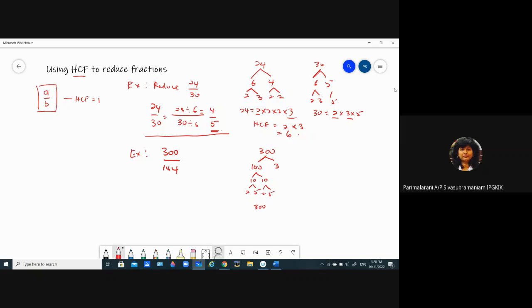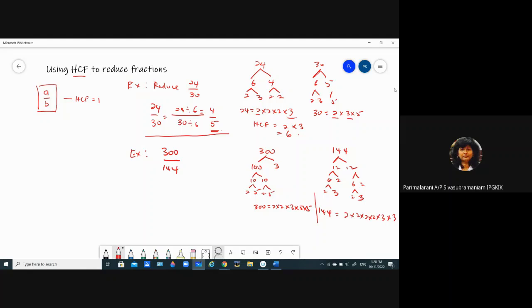Okay, so 300 is 2 times 2 times 3 times 5 times 5, correct? And then you have 144. 12 times 12. 12 is 6 times 2. 6 is 2, 3. So 144 is equal to 2 times 2 times 2 times 2 times 3 times 3. All right?